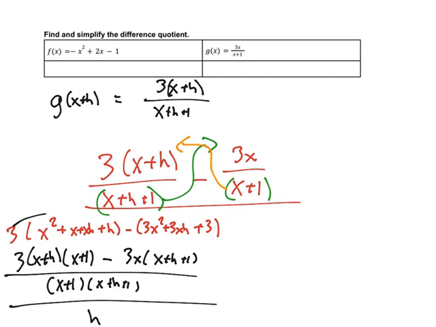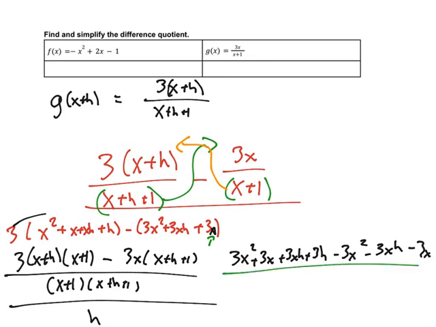Now I'll distribute this 3 through to get 3x squared plus 3x plus 3xh plus 3h. And then I'll subtract off everything: negative 3x squared, negative 3xh, and then minus 3x. Sorry, that should be minus 3x here because I have an x. Okay, this is all over x plus h plus 1 and x plus 1.